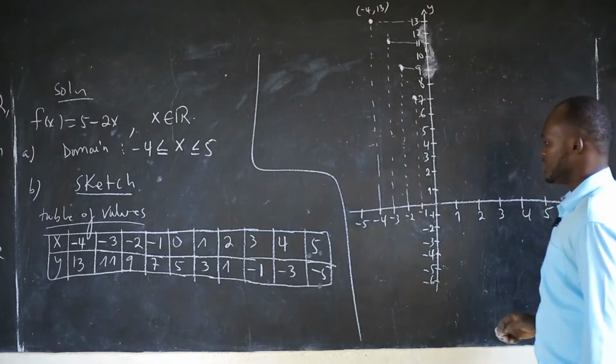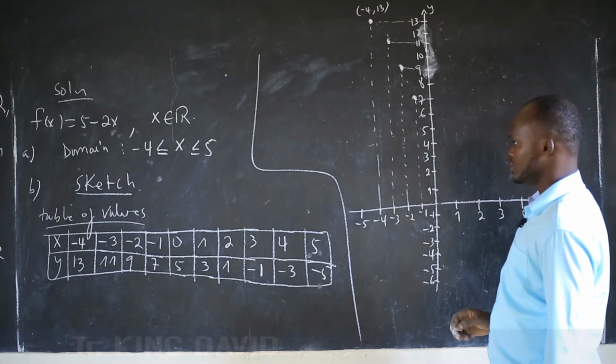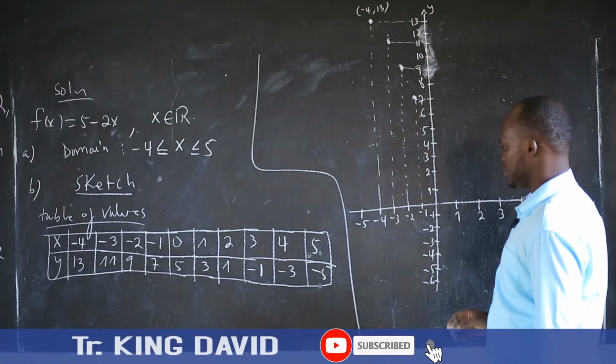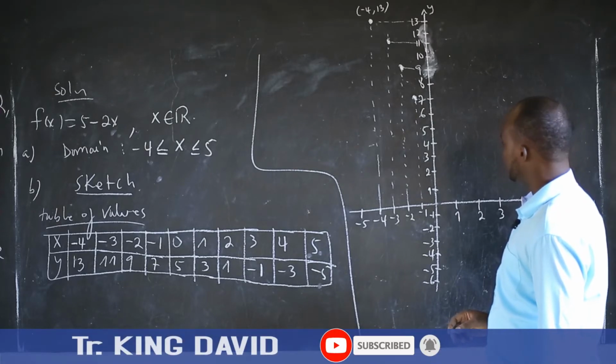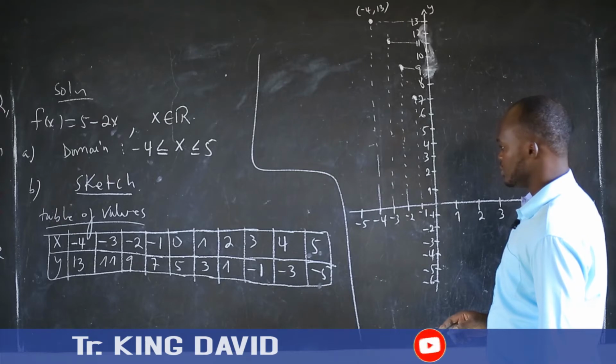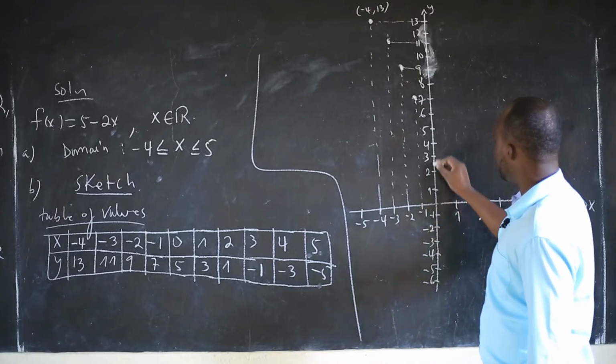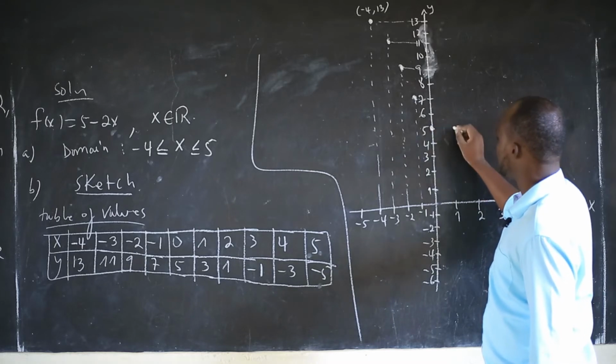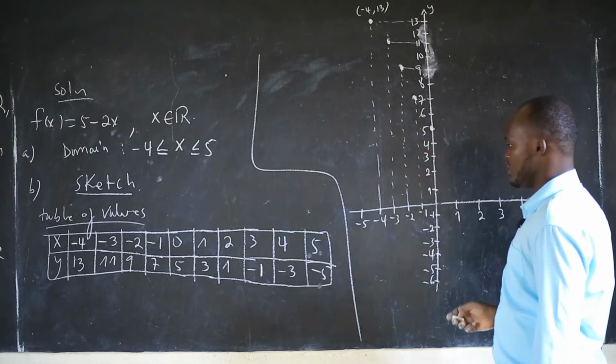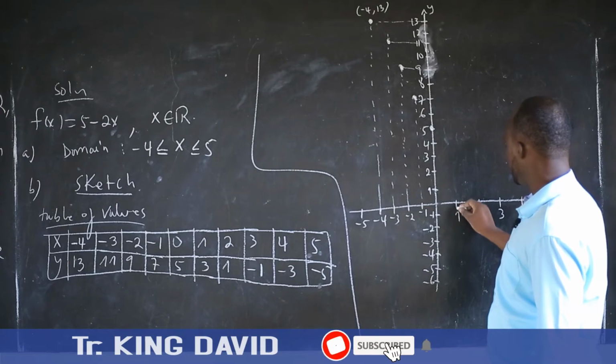Then I have 0, 5, which is here. I have 1, 3.